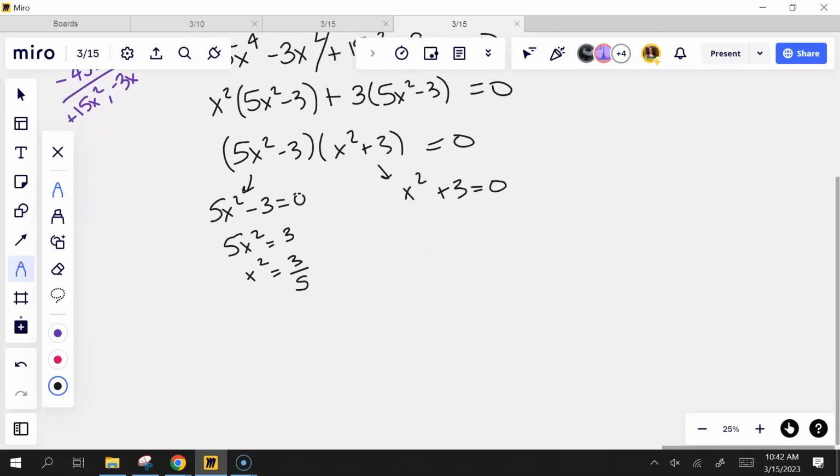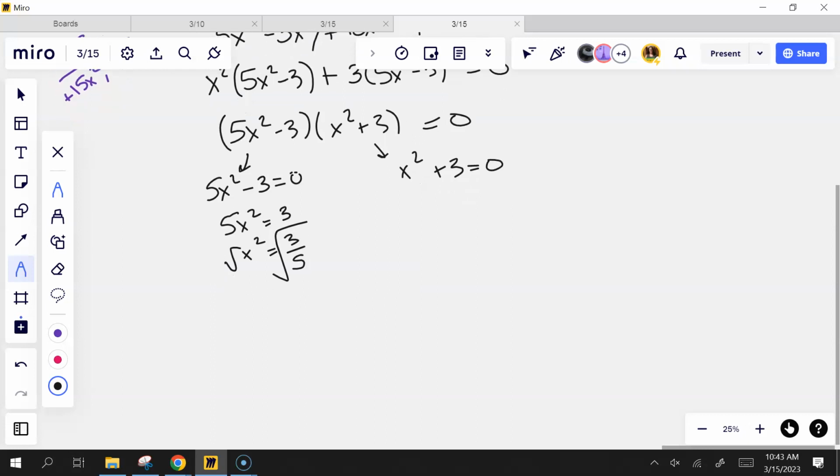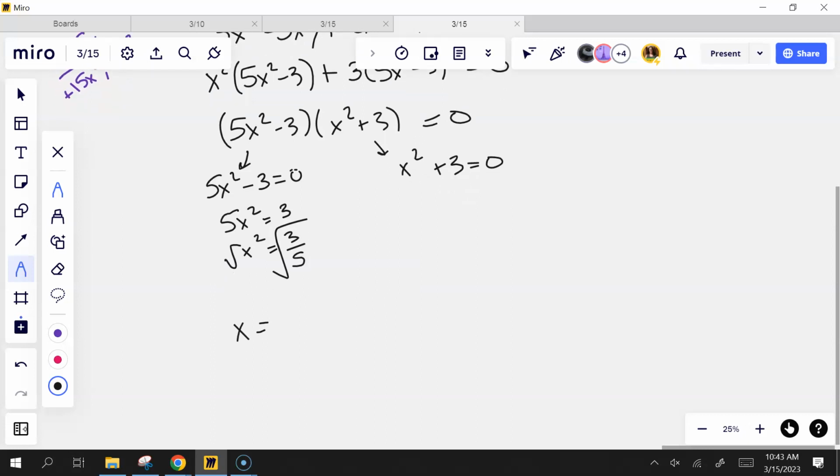Am I done with 3/5? Okay, here we go, y'all. Y'all aren't going to like this. Can I leave it like that? No. I have to rationalize the denominator. I can't leave it like that because I've got a square root in the bottom.